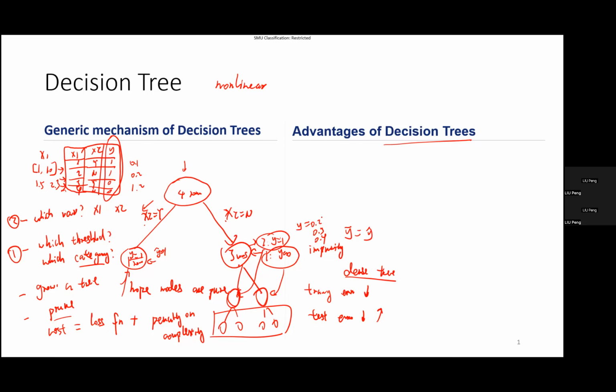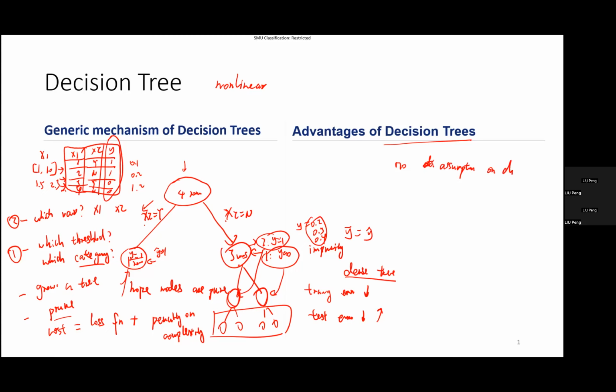So if that's the case, then we would hope that the observations in a single node would stay close to each other. Then we just use the average as the prediction. So it works for regression as well, right? And then we do not have any assumption on the distribution.